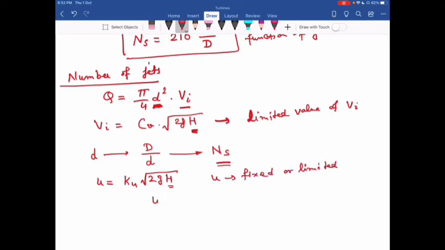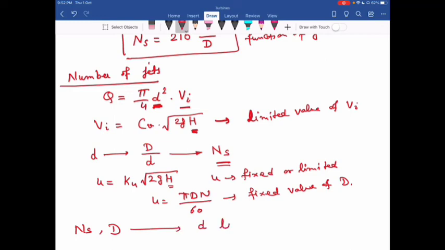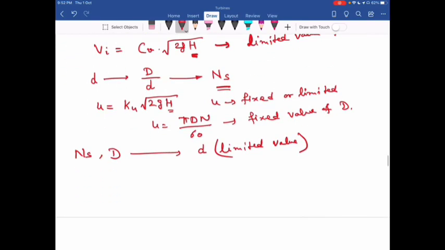That means U is equal to π d N by 60, so I have a fixed value of d. As my specific speed Ns is limited, d is limited. So I have now reached one conclusion: I have a limited value of d and Vi.